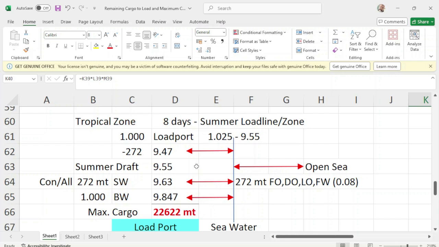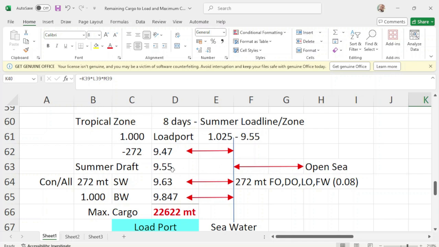From brackish water, the vessel will rise when you reach the salt water of 1.025. So from this drop, when you consume this fuel oil, or consumption of 272 metric tons, your vessel will float and you will reach the summer drop of 9.55.